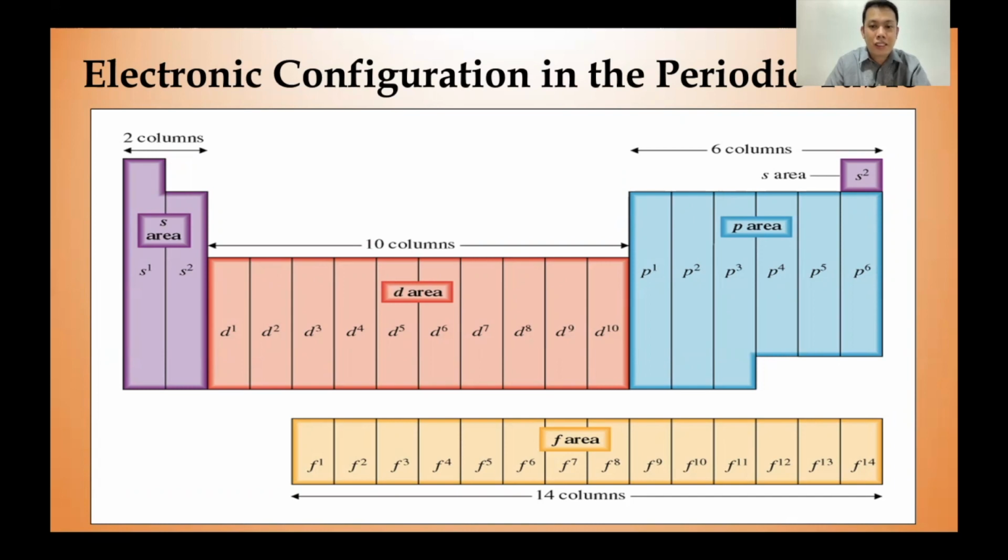So it's still s. For the d area, they will end with d. For p is p. For f is f. There's only one for helium, which is s2, found on the right side, but the rest are clustered: p area, d area, and f area. The s area is also clustered. However, there's one element found on the right side near the p area.